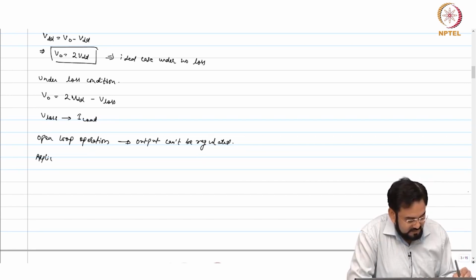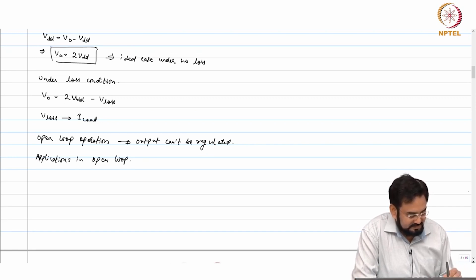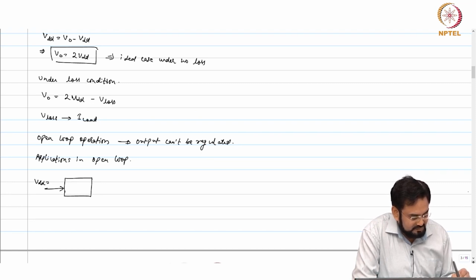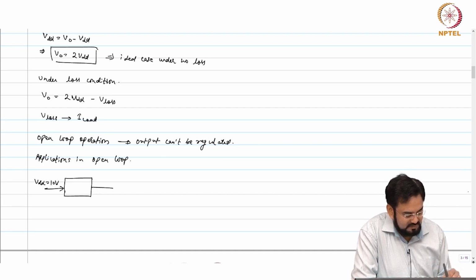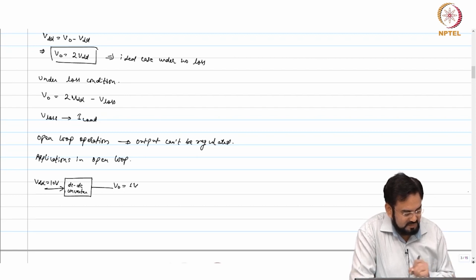So let us say VDD equal to 10 volt, and this is your DC to DC, V out equal to 1 volt.